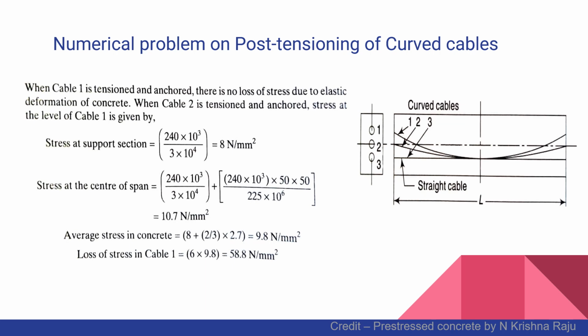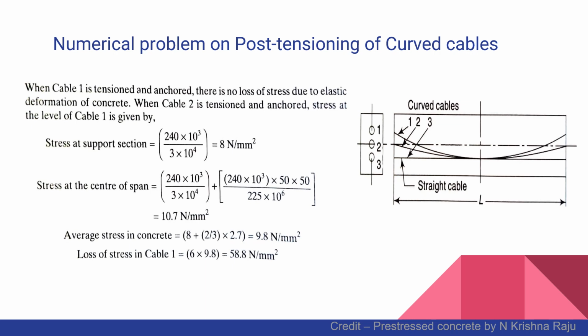When cable 2 is tensioned and anchored, there will be stress in cable 1, which is calculated at level of cable 2, both in support and at midspan. Stress at support section equal to P by A, where P is 240 kN and A is 3 into 10 power 4 mm square.